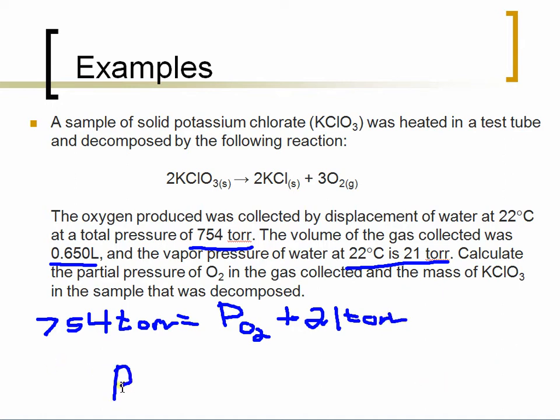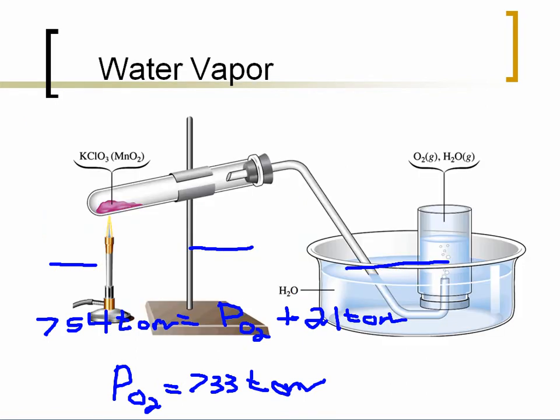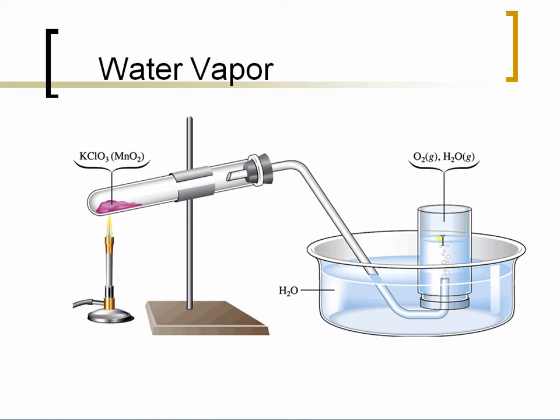You find out that the pressure of oxygen in that container is 733. So using Dalton's law of partial pressures, we found out that the pressure of the oxygen being collected, again referring to this picture, is 733 torr.